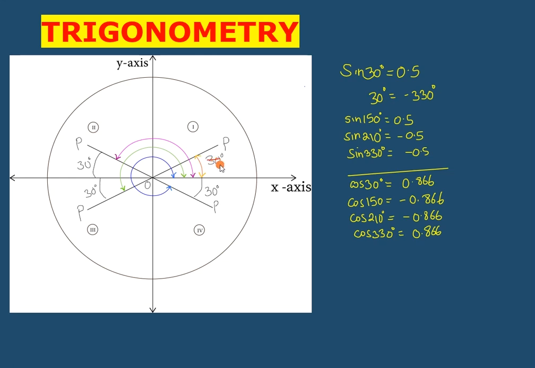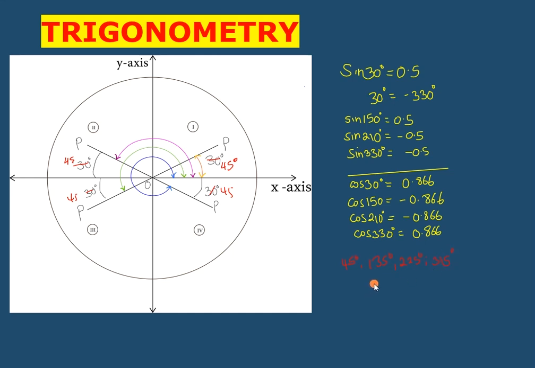Instead of 30, if we had 45, that is the acute angle, then the related angles will be 45 degrees, 135 degrees, 225 degrees in the third quadrant, and then this one is 315.